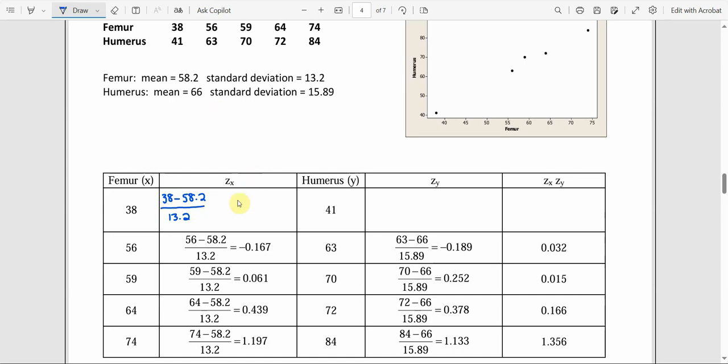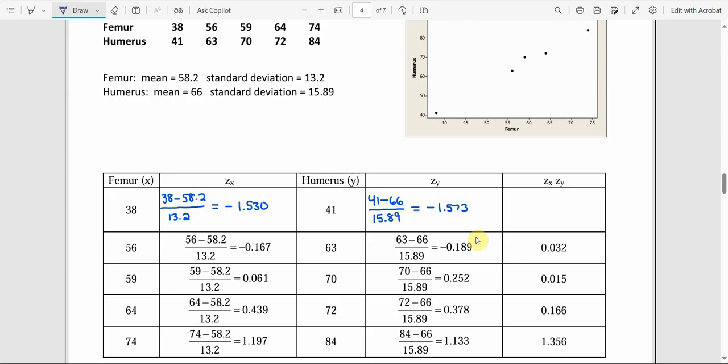The length of the femur minus the mean and then divided by the standard deviation, and you get negative 1.530. And then with the humerus, I guess just make sure that we're using the right mean and standard deviation now. So here it's going to be 41 minus 66 over 15.89. And that's going to be negative 1.573.